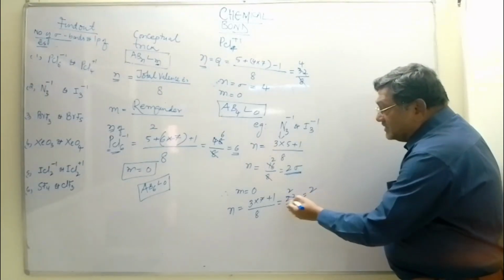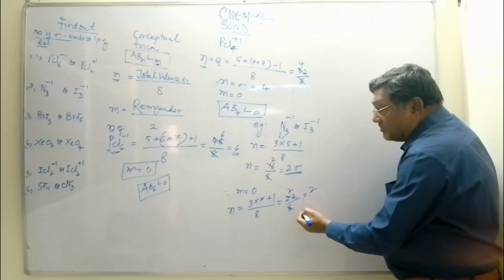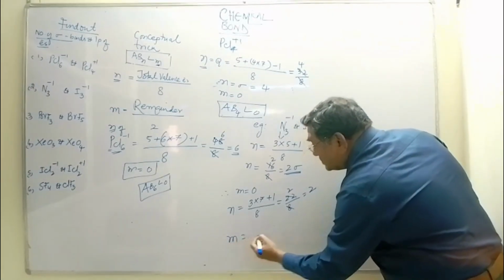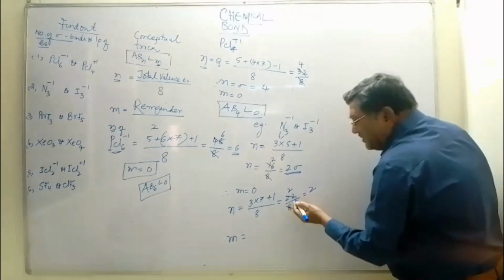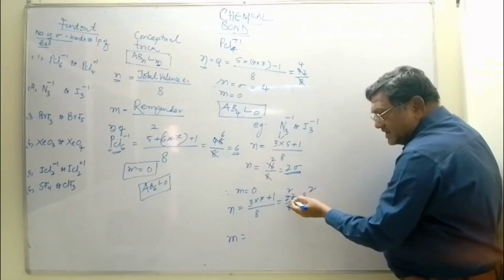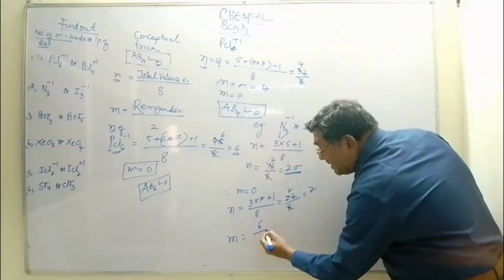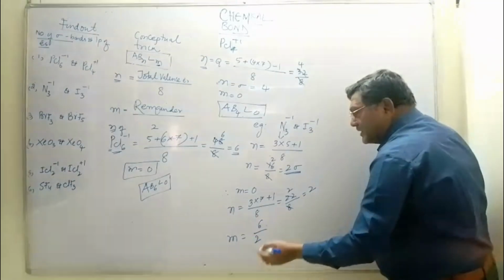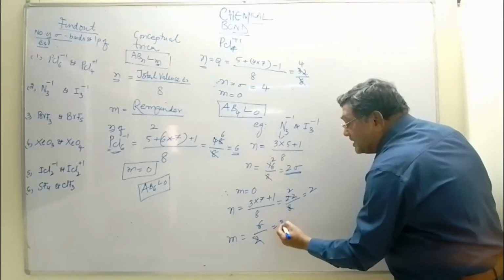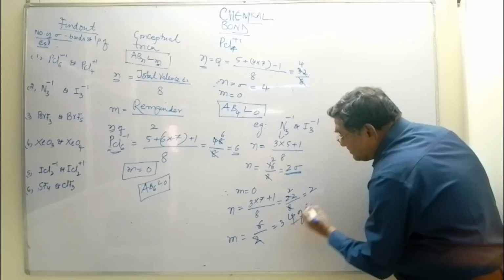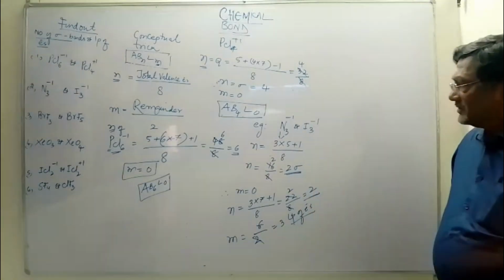The remainder is 4 plus 2, which is 6. So the remainder 6 divided by 2 gives 3 lone pairs of electrons.